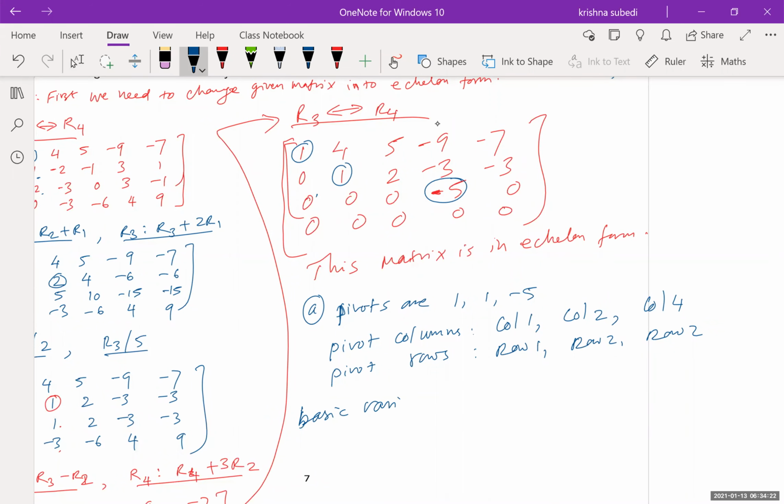Basic variable means it's a variable for the pivot column. And free variable means a variable for a non-pivot column.